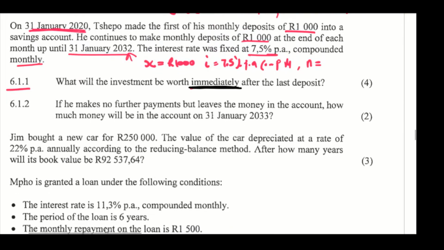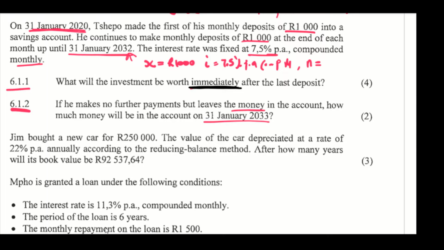Now we're going to write 6.1.2, this one here. If he makes no further payments but leaves the money in the account, how much money will be in the account in 2033? If you make investments into an account, and remember this is 2020, the last investment was made in 2032. If you leave your money and do not take it, you will gain interest.